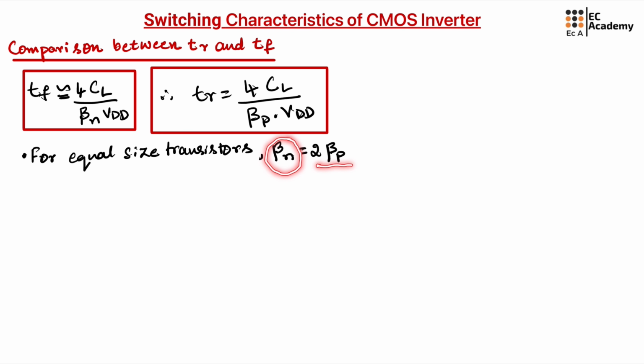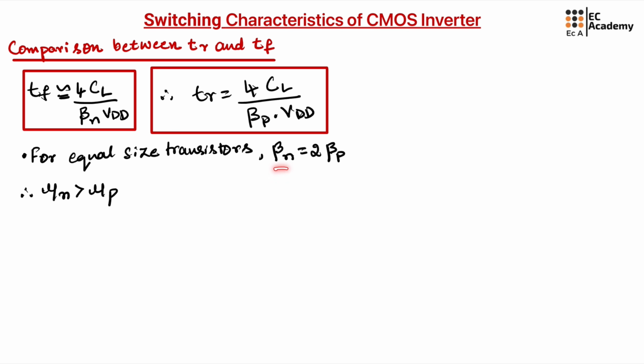The reason is the carrier mobility. The electron mobility is higher than hole mobility. Therefore, mu n will be greater than mu P. This is because electrons move more easily through the NMOS than holes move through the PMOS. Therefore, for the same transistor dimension, NMOS is stronger.